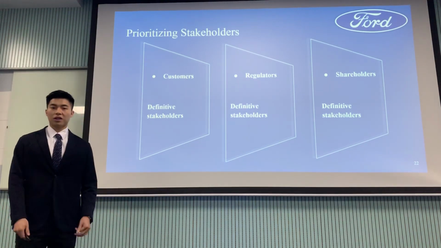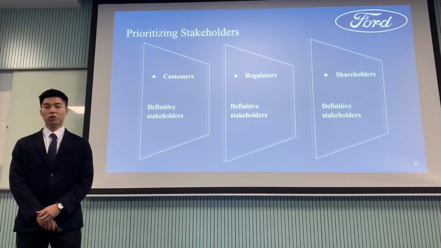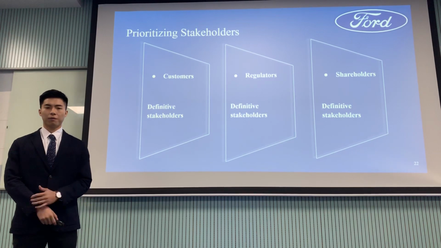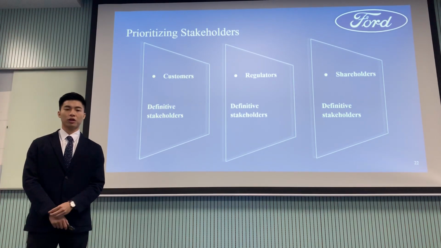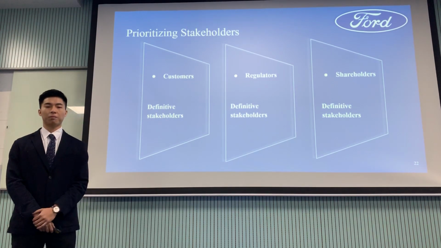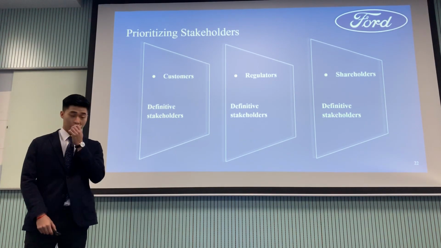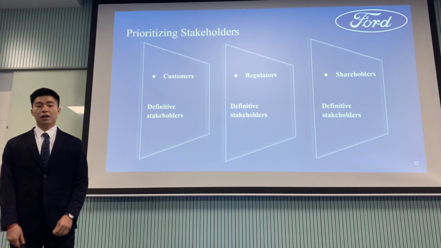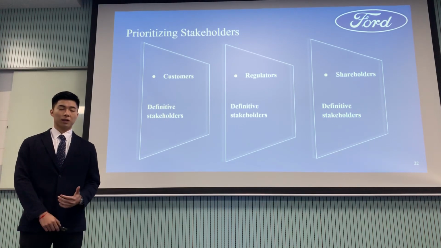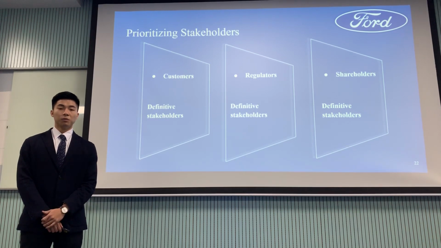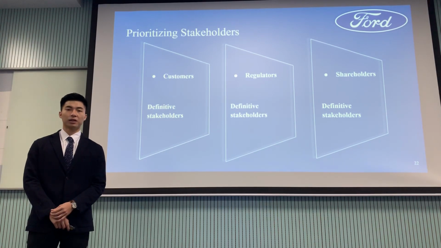Thank you, Arthur. As we have talked about the two processes of the four-step model, going into the third process, we are going to talk about prioritizing stakeholders. Now that we have a good understanding of who our stakeholders are and what concern the airbag issue might cause these stakeholders, we have to identify, analyze, and prioritize them.